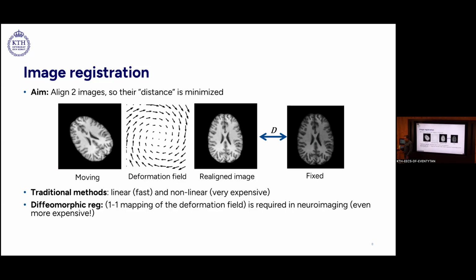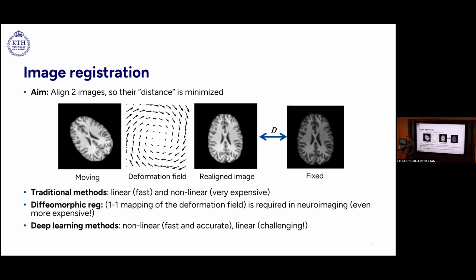There are many traditional methods, more complicated or less complicated, depending on what you want to do. In medical images, usually you need to do something called diffeomorphic registration, which is a bit more expensive and very time-consuming with the traditional methods.